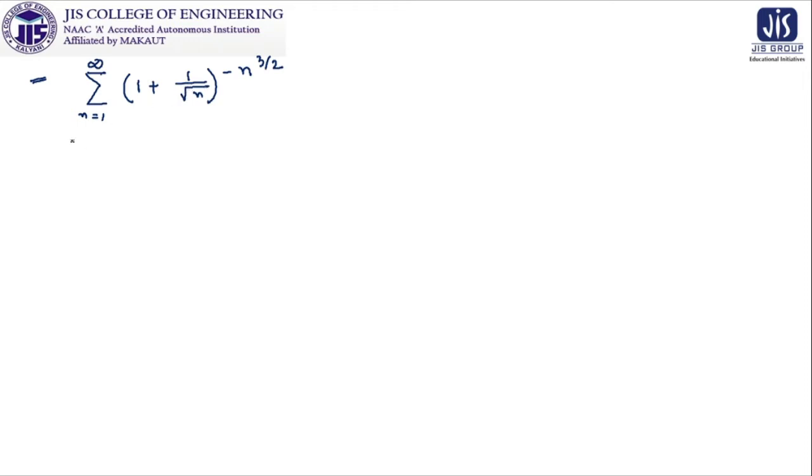So here this is our un, so I am writing un one more time. Un is (1 plus 1 by root over n) whole to the power minus n to the power 3 by 2. Now, according to the statement of the root test, we need limit n tends to infinity un to the power 1 by n.